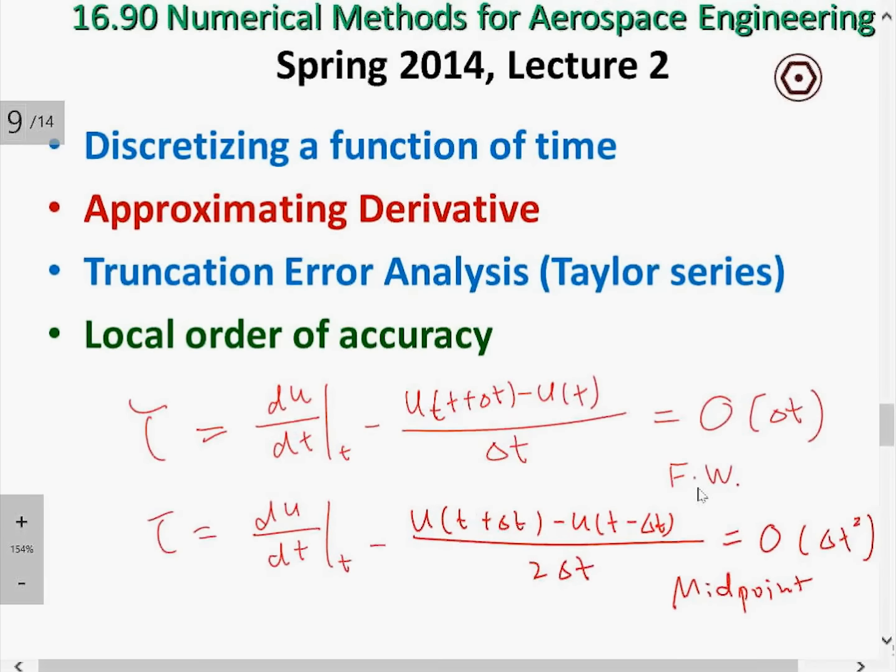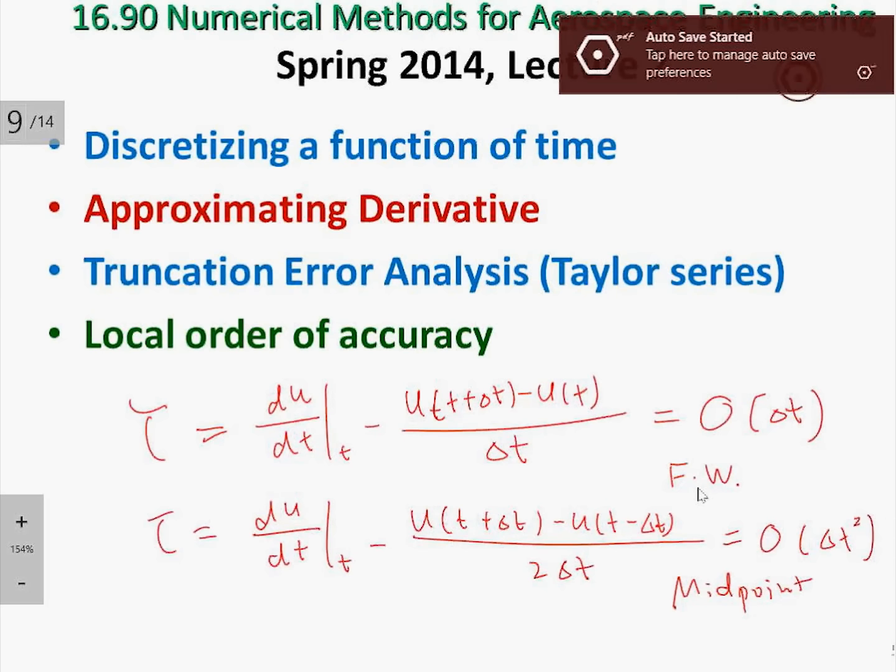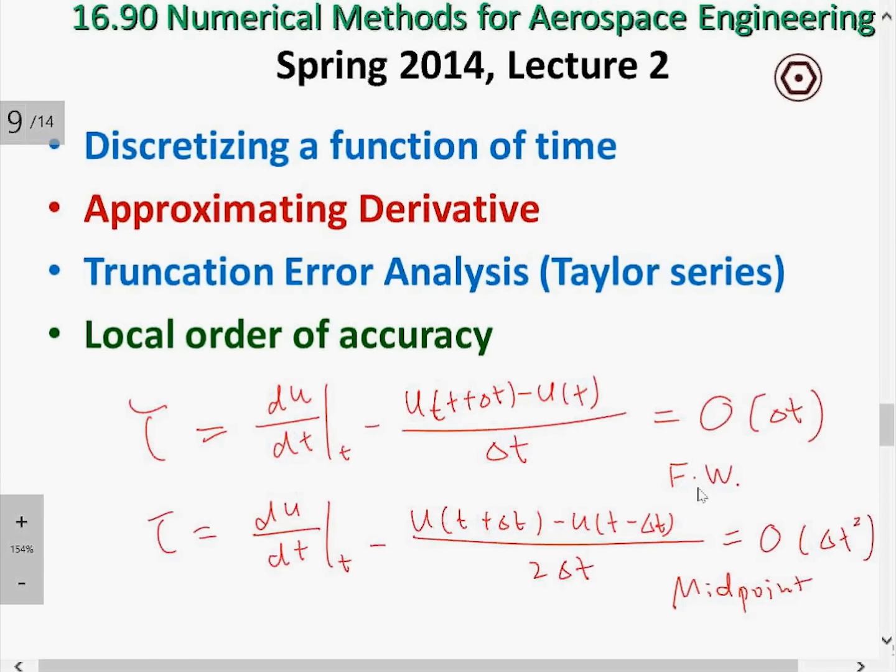The local order of accuracy is the exponent on delta t in this truncation error. So forward Euler is first order accurate because it's O of delta t. Midpoint is second order accurate because it is O of delta t squared. So the local order of accuracy is 1 for forward Euler and 2 for midpoint.